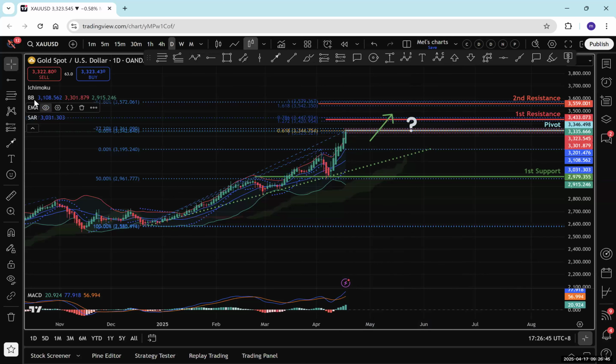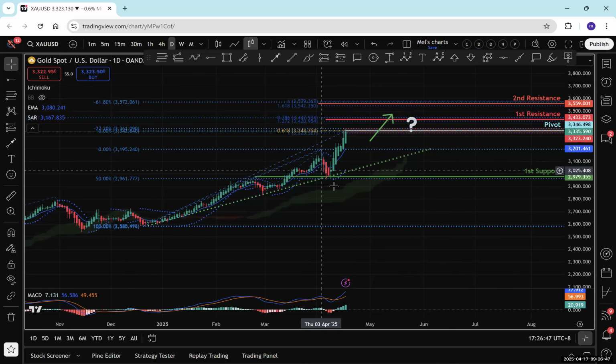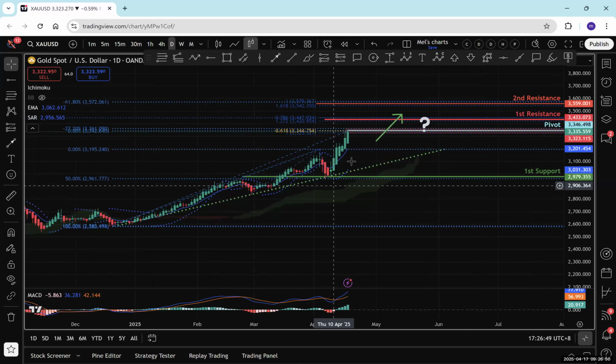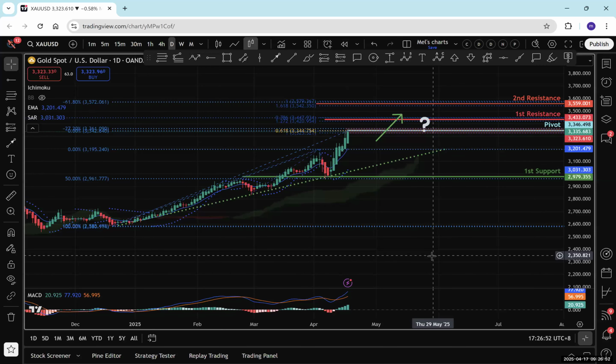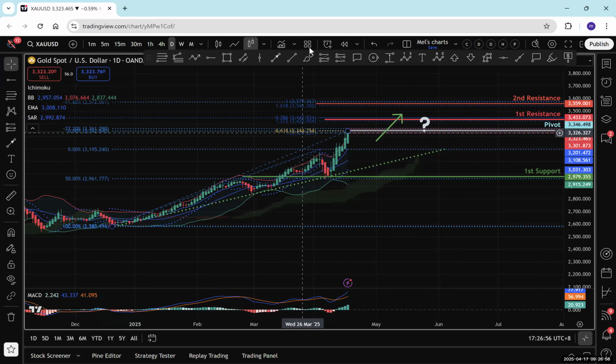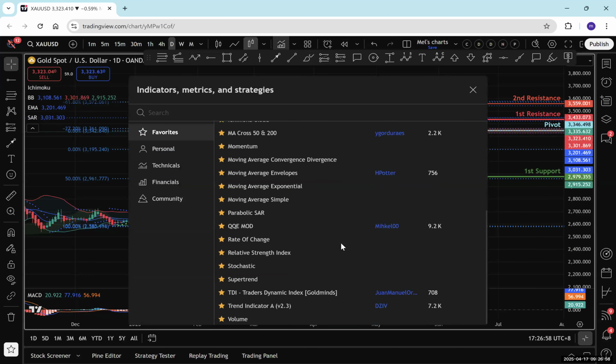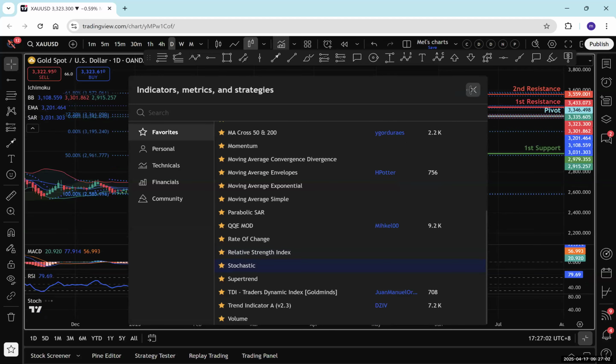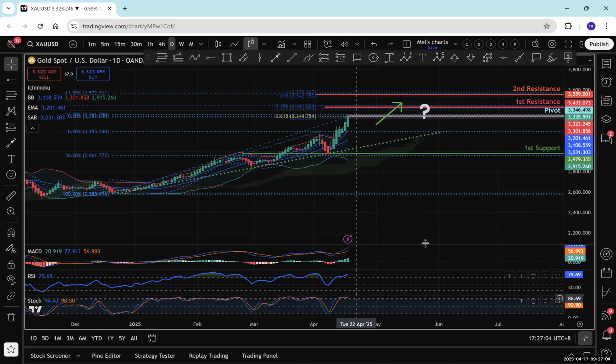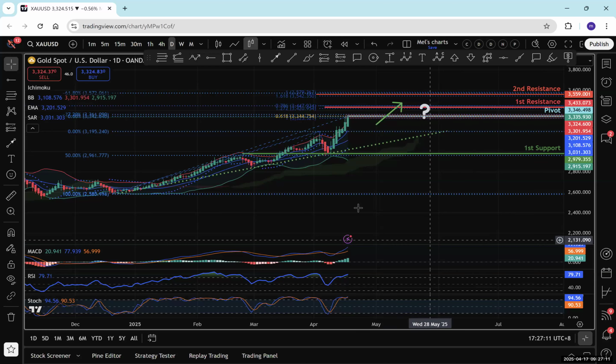I can hide the Bollinger Band first so it's clearer. Prices are moving above all three of those indicators, so that also gives us a bullish signal. And lastly, our momentum indicators again, RSI and stochastic. Okay, you can definitely see them moving into the overbought regions again. So just be careful of that.